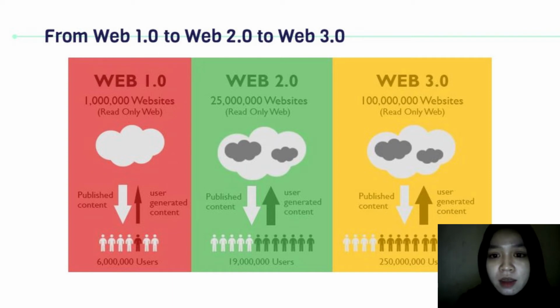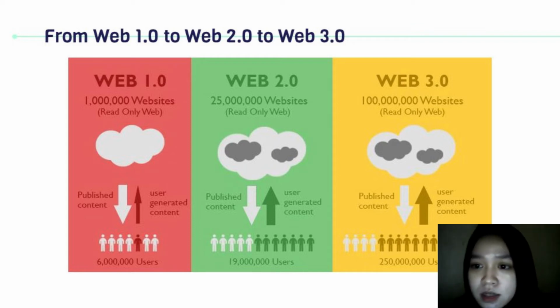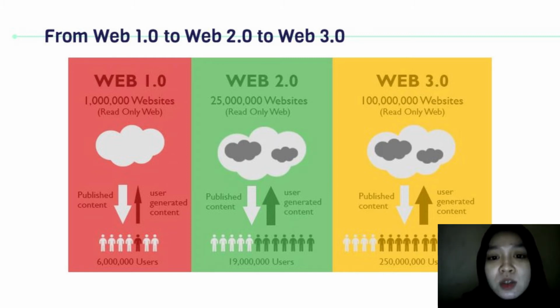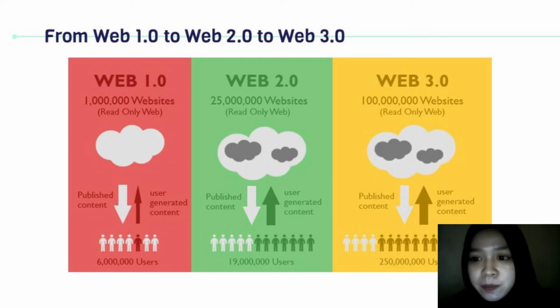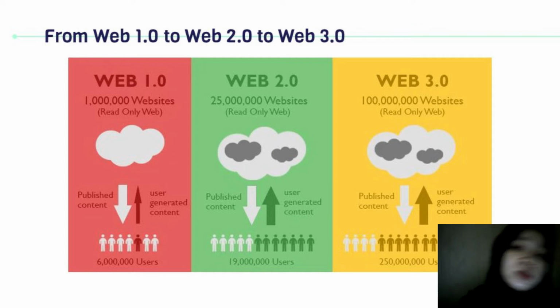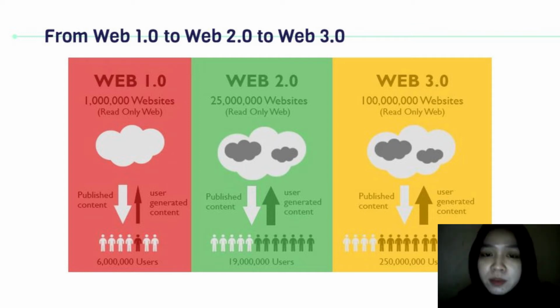And then there goes Web 3.0. So Web 3.0 is built on the kinds of applications and services that made it so popular in the past few years. And nowadays search engines are able to produce much more complete and targeted information.